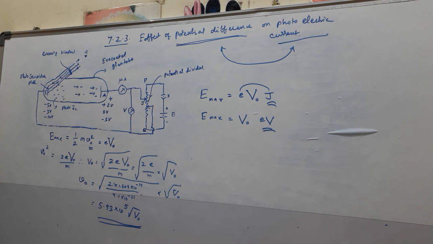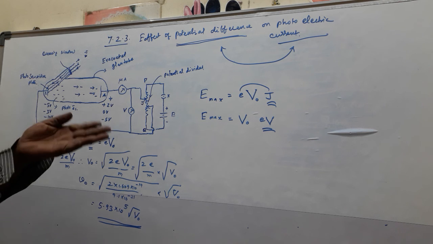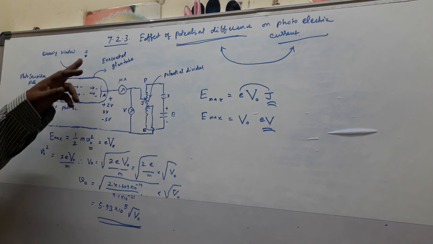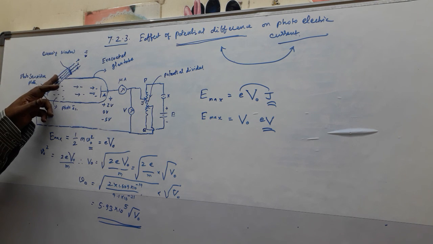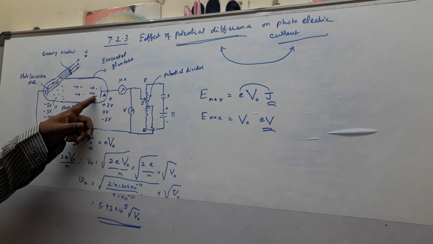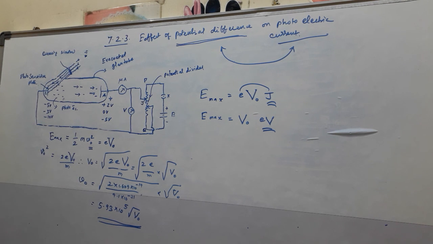Then next topic. Before that, from this experiment we conclude that for the given frequency of the incident light, the applying potential is independent of the intensity of incident light.